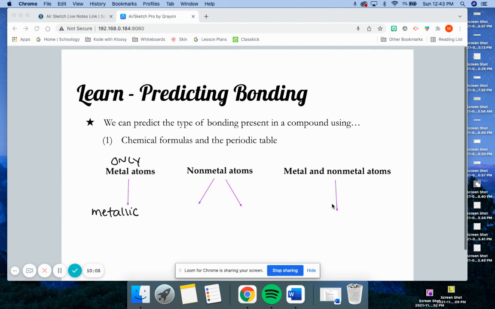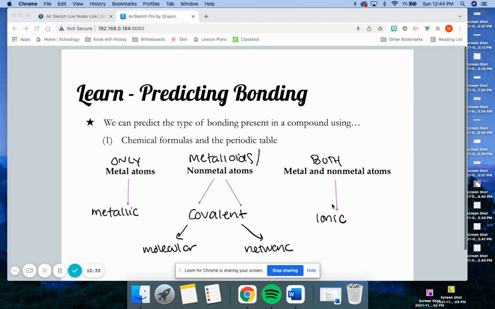If I see both metal and nonmetal atoms, then I'm going to be looking at ionic bonding. And if I have nonmetal atoms or metalloids, I'm going to be looking at covalent bonding. And remember that this can either be molecular or network.